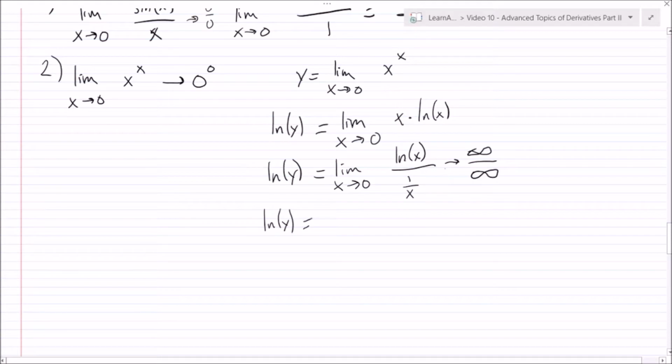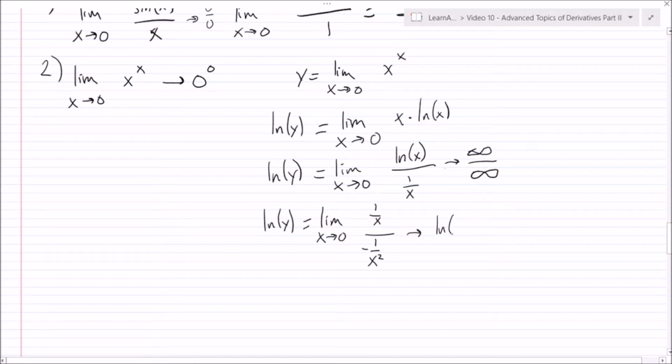ln of y equals the limit as x goes to 0 of 1 over x over negative 1 over x squared.